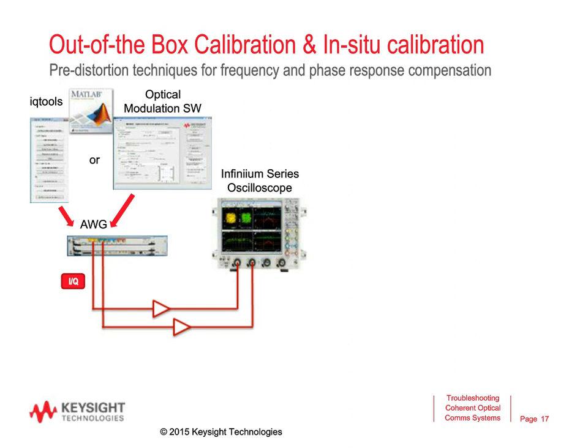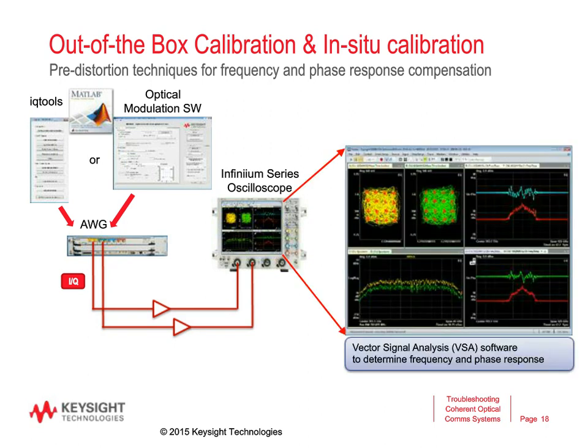And I'm using our vector signal analyzer software or the optical modulation analyzer software, which basically runs on top of the VSA software to look at the constellation, the spectrum, and also look at the phase and frequency response of the signal.